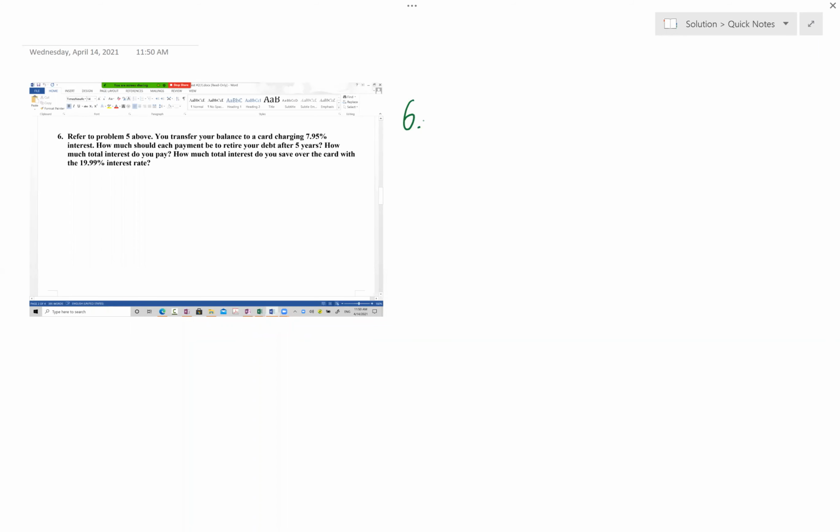So similarly, the only thing that differs from the previous one is the rate. The rate becomes 7.95%. So this is 0.0795. We have the same amount of debt. The present value of the debt is 6,700.